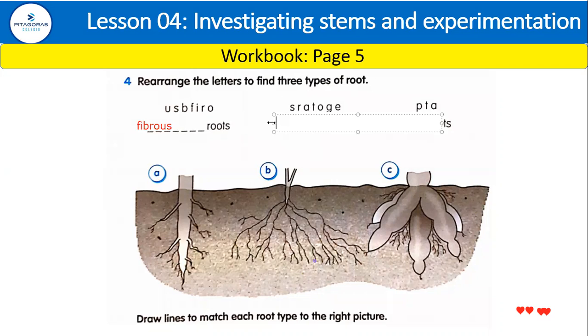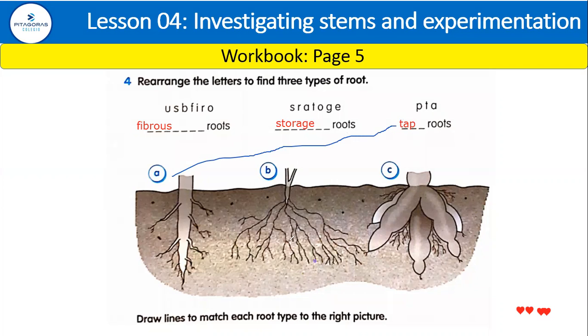Storage. Storage like that. Excellent. And this one that has 3 letters is the tap. Excellent, very good. So now we have to match it. Letter A, is it a fibrous, a storage, or a tap root? Excellent, it's a tap root.